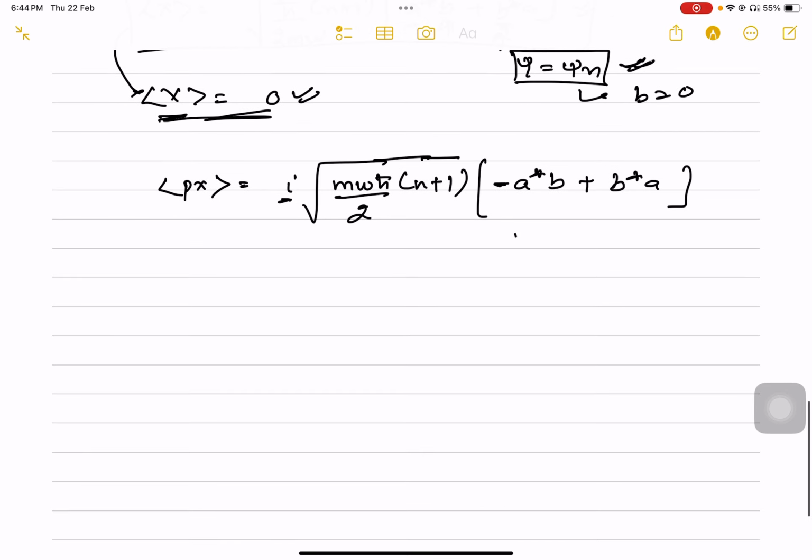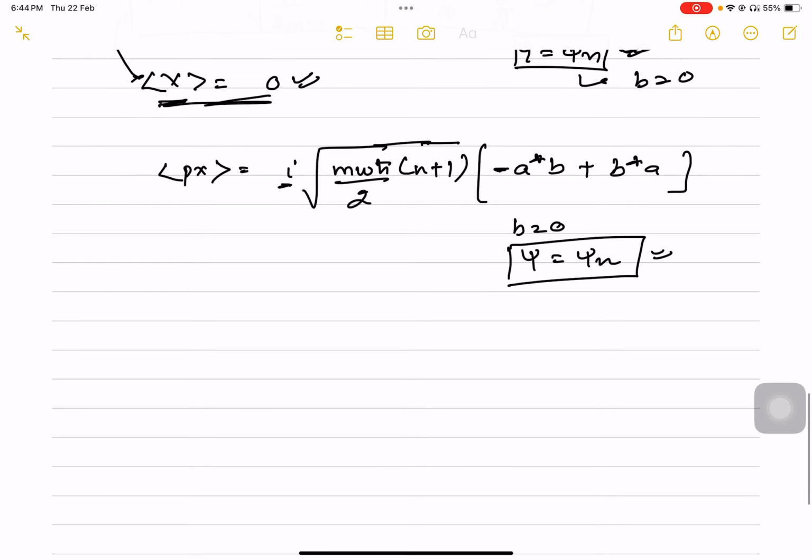If the same thing, b equals 0, then psi equals psi n, and then the average of px would be equal to 0.